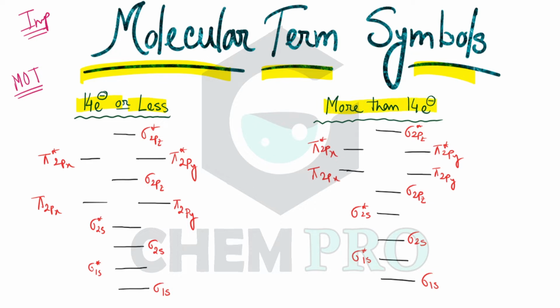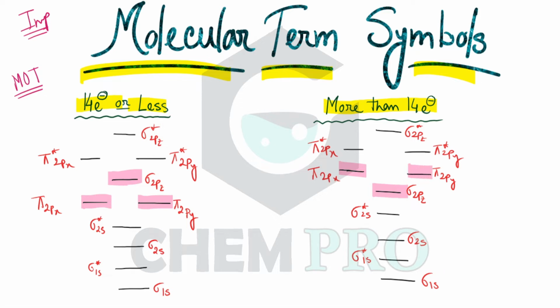And we all know the main difference between these two diagrams: here the sigma 2pz orbital is above the pi 2px and pi 2py orbitals, and in the second diagram the sigma 2pz is below the pi 2px and pi 2py orbitals.